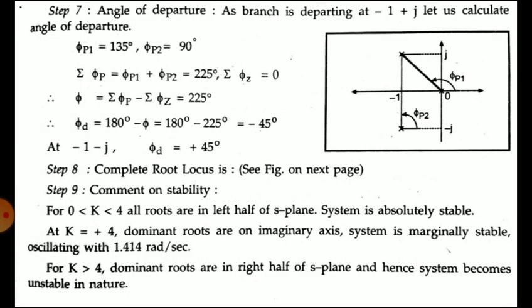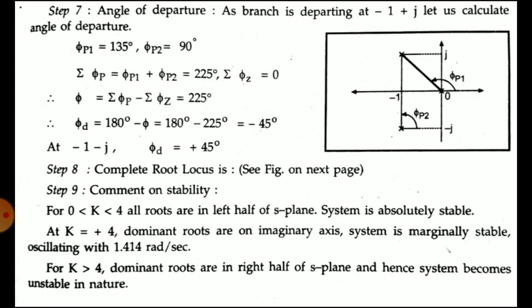So here you can see. As the branch is departing from minus 1 plus j, let us calculate the angle of departure. So phi p1 equal to 135 degree, you have to join that pole. Then phi p2 equal to 90 degree.